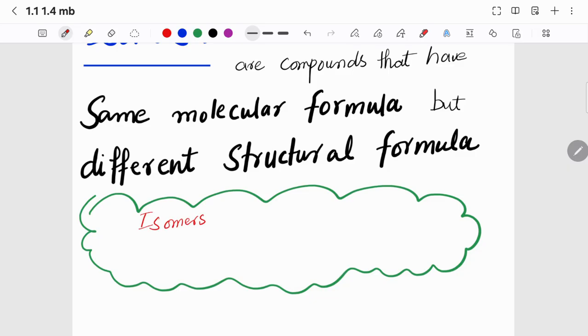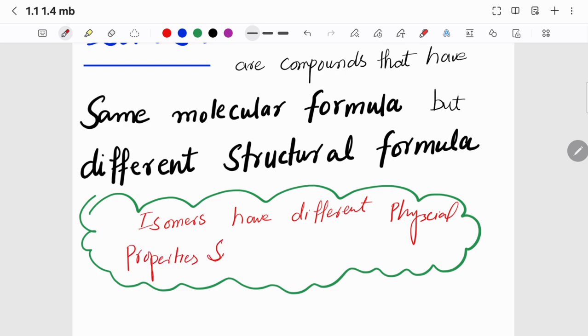Isomers have different physical properties, such as melting point and boiling point.